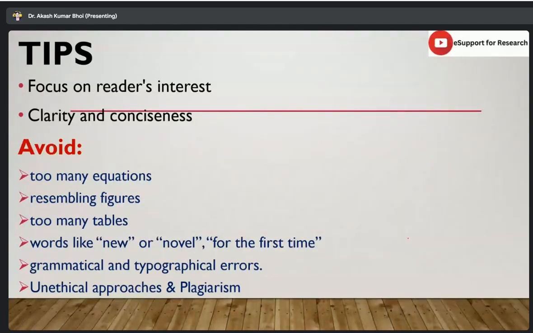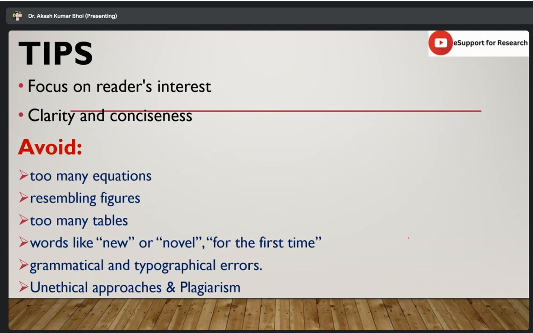If you think about what a reader will say when they look into my article, then naturally we'll try to improvise and avoid too many equations. If it is from a mathematical background, it is fine. But similar figures, too many figures, too many tables, many cases we have seen with only tables and figures without any explanation, those need to be avoided.